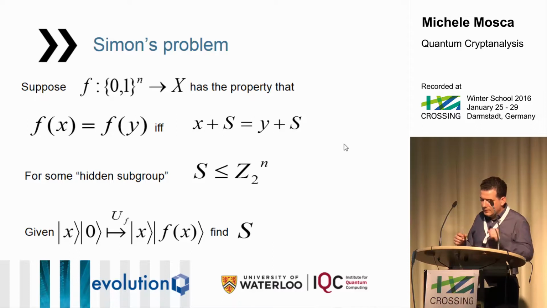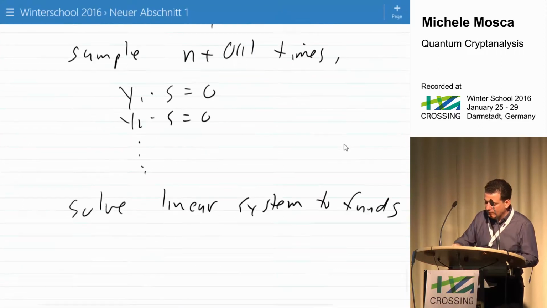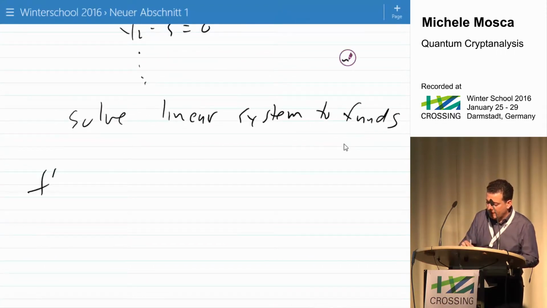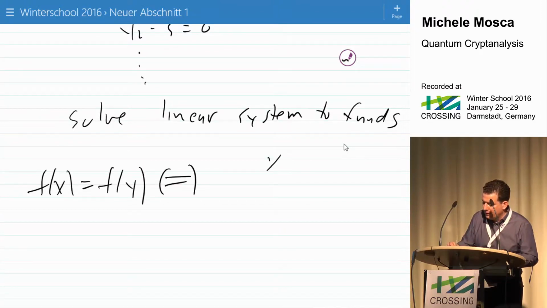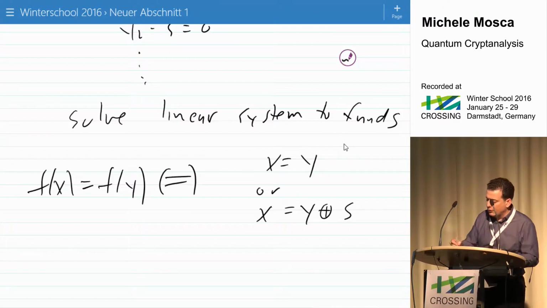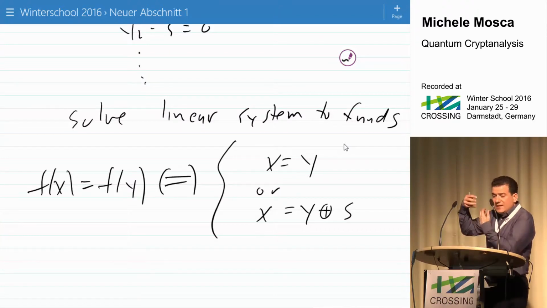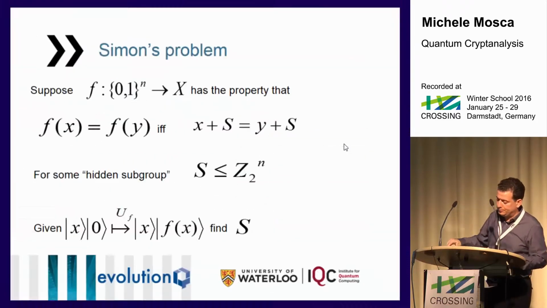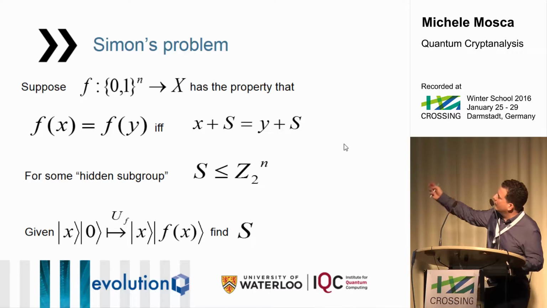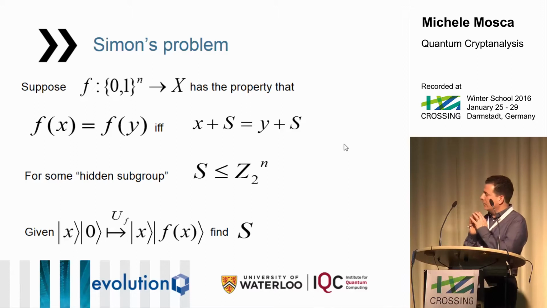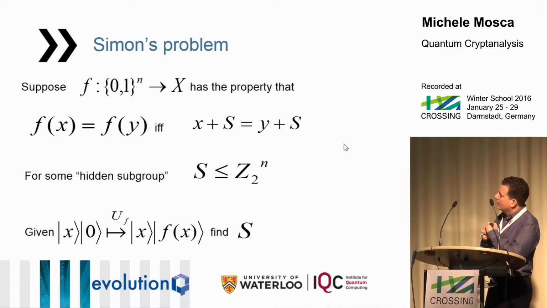Or equivalently, in the very special case I just described, f of x equals f of y if and only if either x equals y or x equals y XOR s. So if and only if they're the same, of course, or they differ by this hidden string s. That's an equivalent way of formulating this. The task is to find that hidden subgroup, in other words, find that hidden mask, that hidden string s, given access to this function.